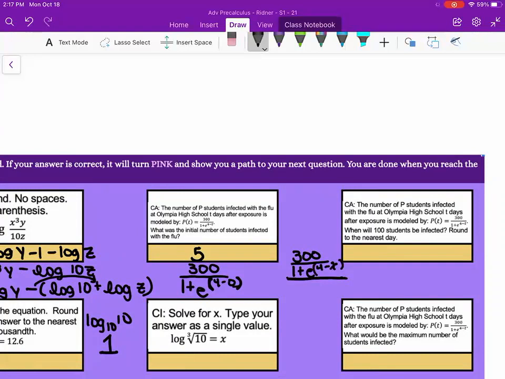That's all in one line of Desmos. You don't have to have the y equals or the p of t equals there. You just need the function if you're using X. Okay. Then in my second line, I'm going to put y equals 100. I'm going to zoom out until I can see 100 high.